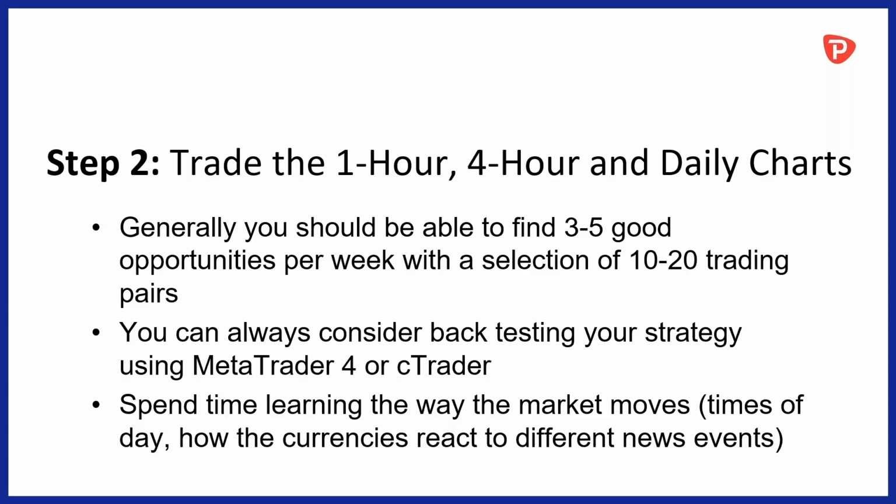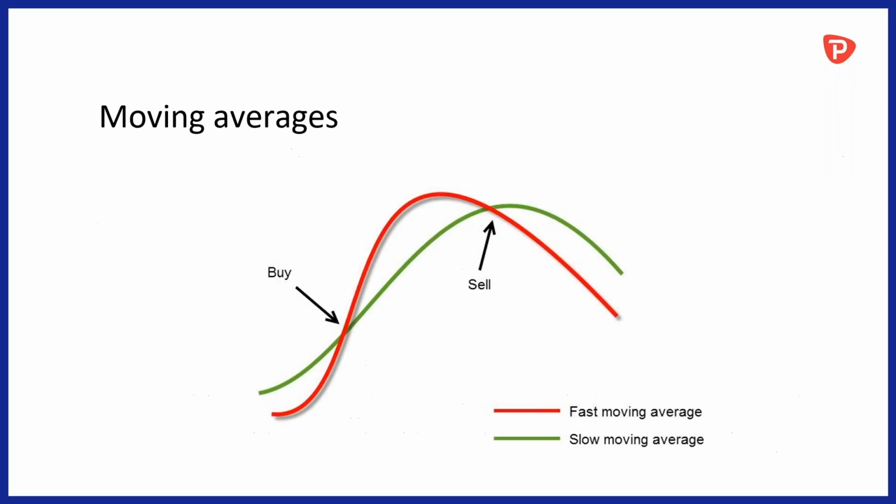You can also consider backtesting all of these strategies that you use with swing trading on MetaTrader 4, 5, or cTrader. And of course, you want to spend time learning the way the market moves, time of day, how the currency reacts to different news events, all very important things for you to do. So let's talk about the averages, or the moving averages, and the basics behind them.